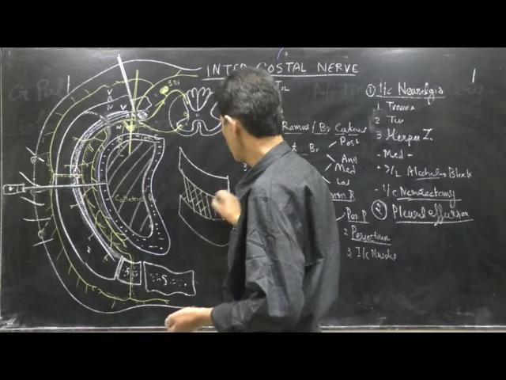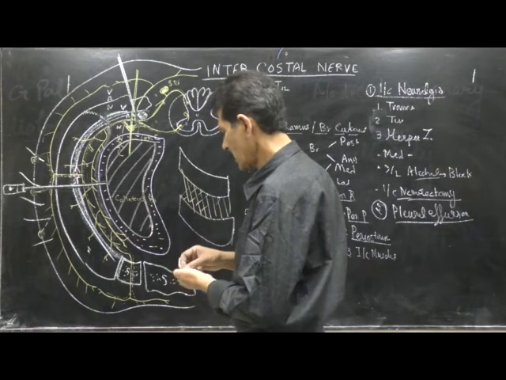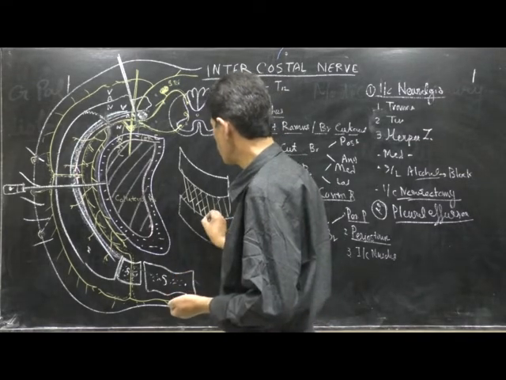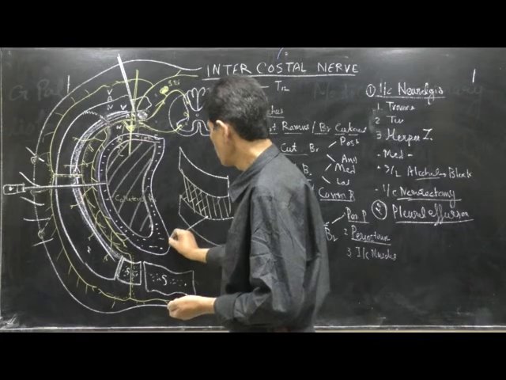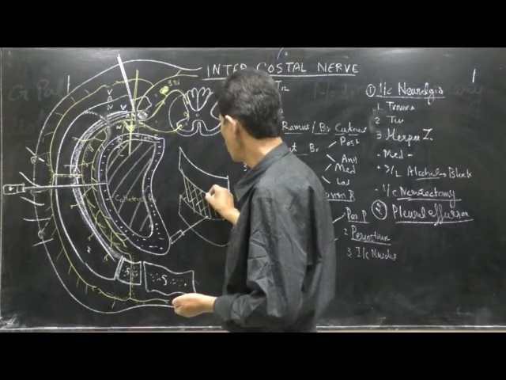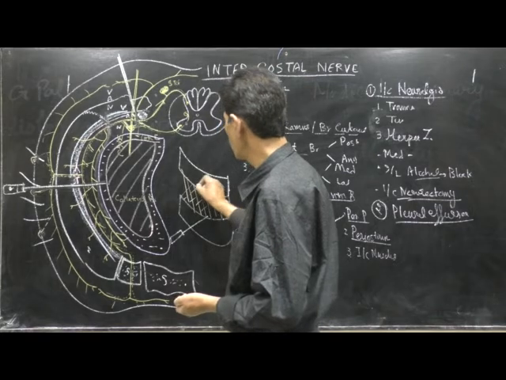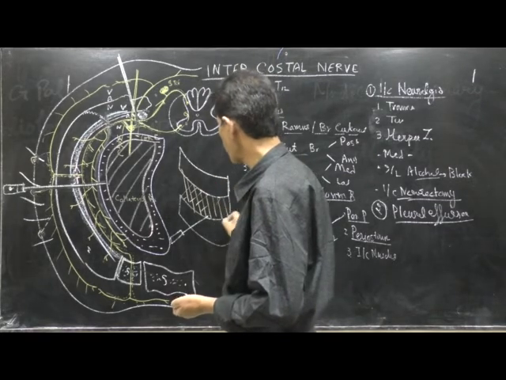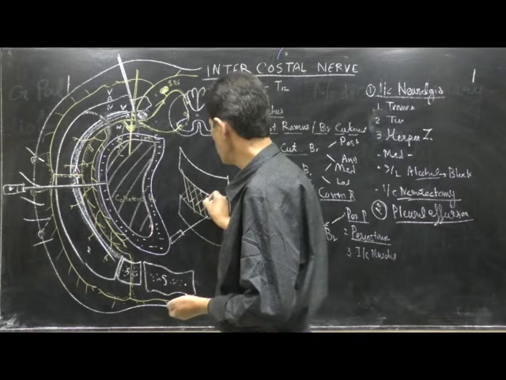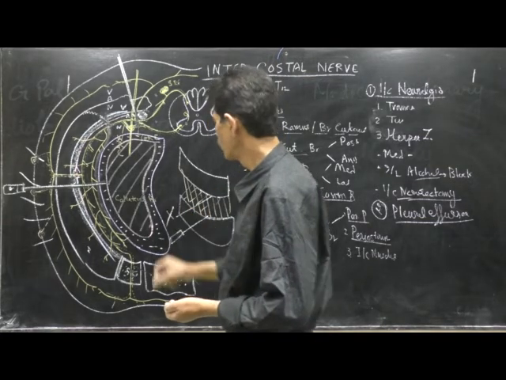And the tip of the needle of the syringe should not be at the lower border of the rib, but it should be on the upper border of the rib. Because if we put the needle here, this is wrong.